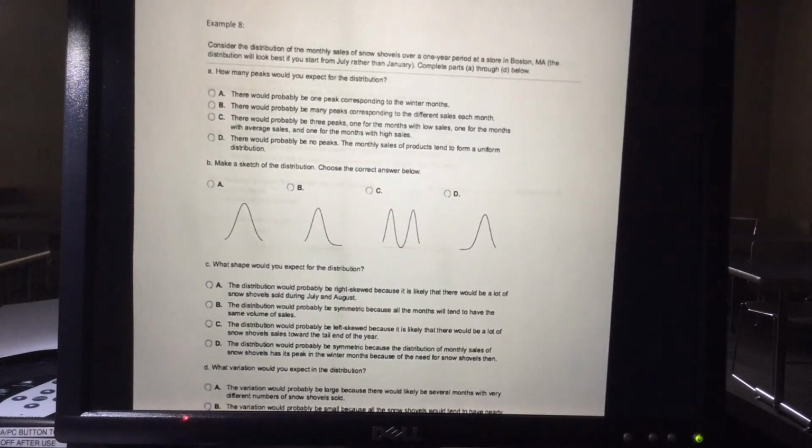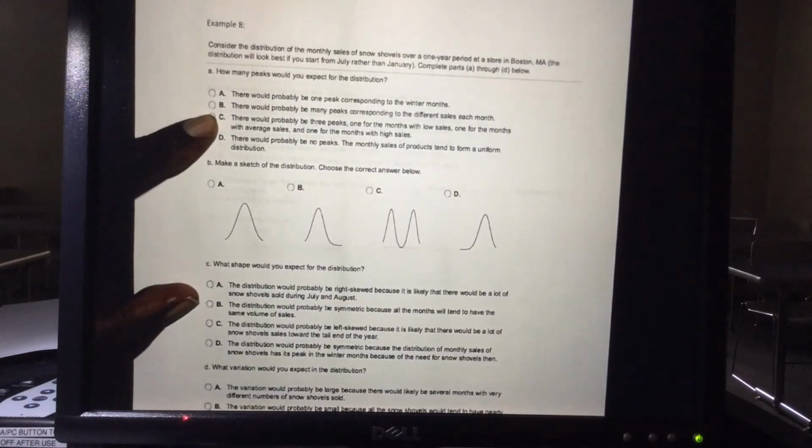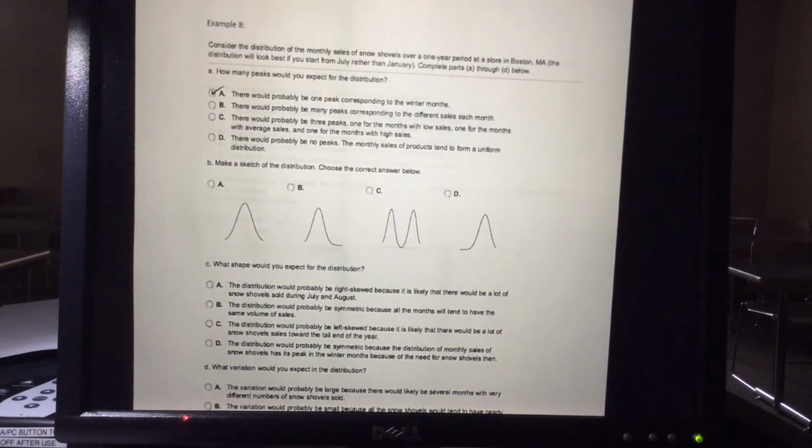And here we're going to complete parts A through D. How many peaks would you expect for the distribution? Well, if we're starting from July, I would only expect one peak corresponding to the winter months.